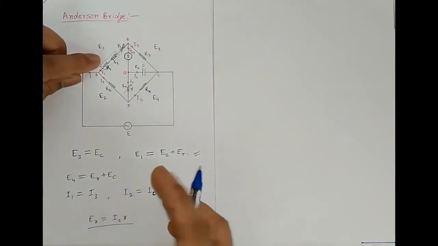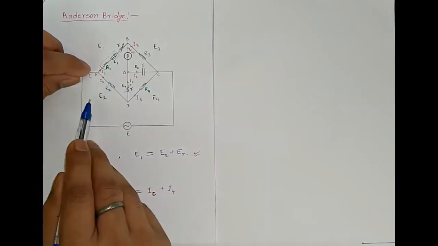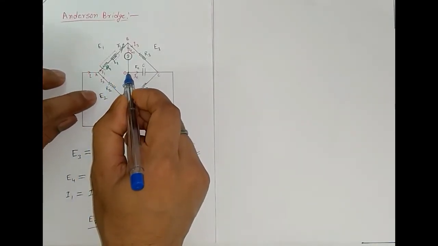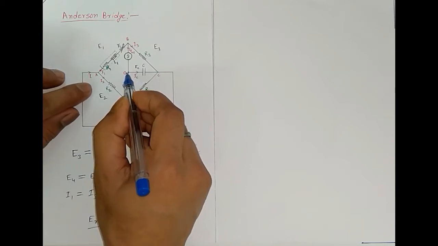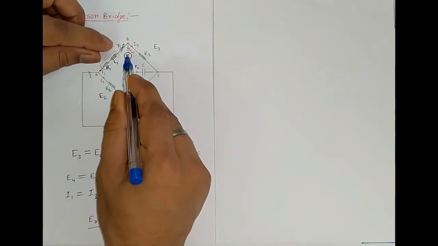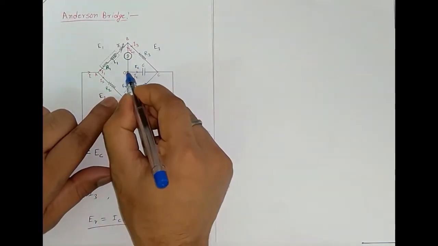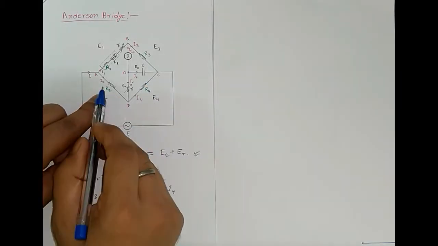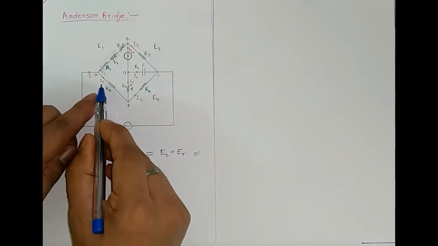Since there is no current in this galvanometer, the potential of this point and this point is the same.